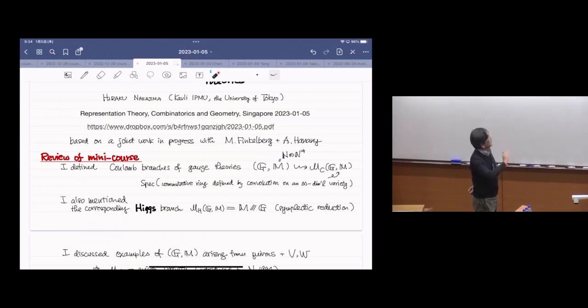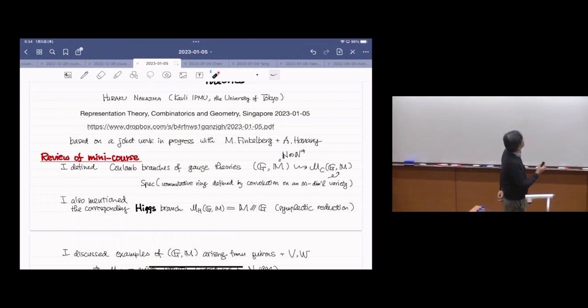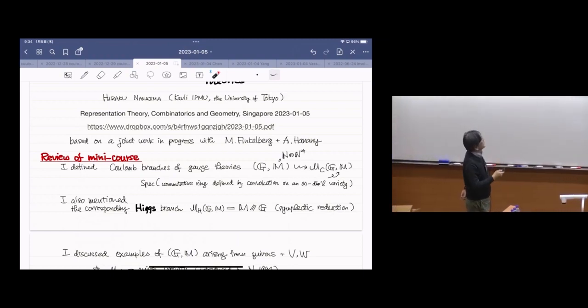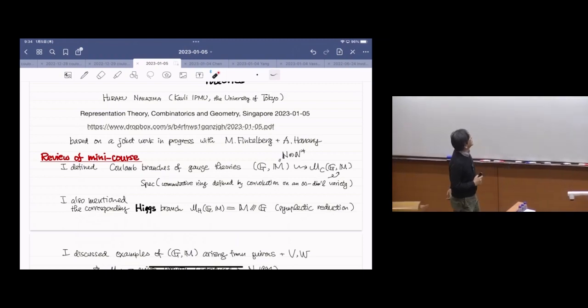So you take the level set of the momentum map, which in this case I implicitly assume the level set is 0. You take the inverse image of 0 and take the categorical quotient by G. So this is the definition of symplectic reduction. So for a given pair G and M, you assign two varieties. One is the Coulomb branch, the other is the Higgs branch.